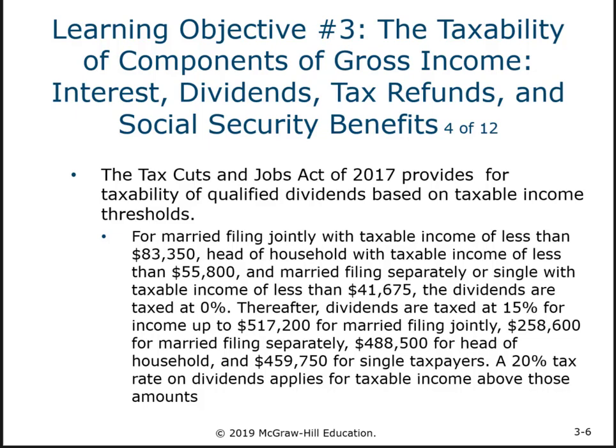You're going to pay less taxes on qualified dividends. The theory being that income has already been taxed at the corporate level, meaning the corporation already paid taxes on that income, and therefore you're paying it again. So you should get a little bit of a break here and not have to pay as high a tax rate.